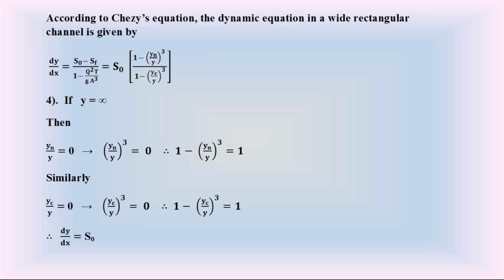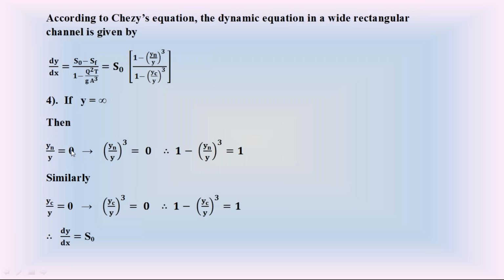So just consider that the depth of flow is infinity. If y is equal to infinity, what is the slope dy by dx? So check this calculation. If the depth of flow y is infinity, then yn by y is something by infinity. You know that something by infinity is 0.